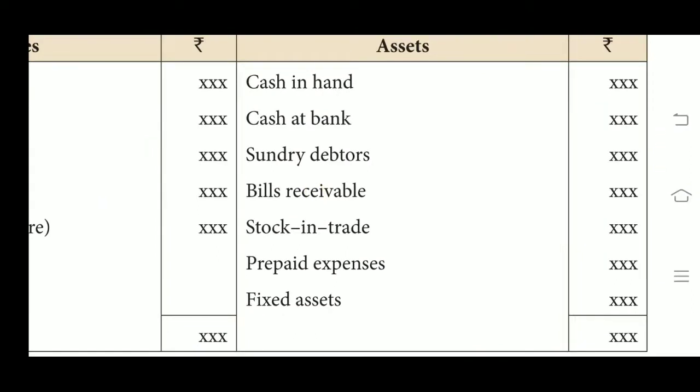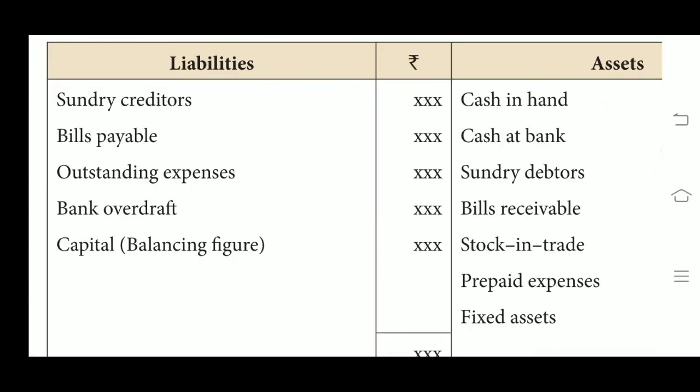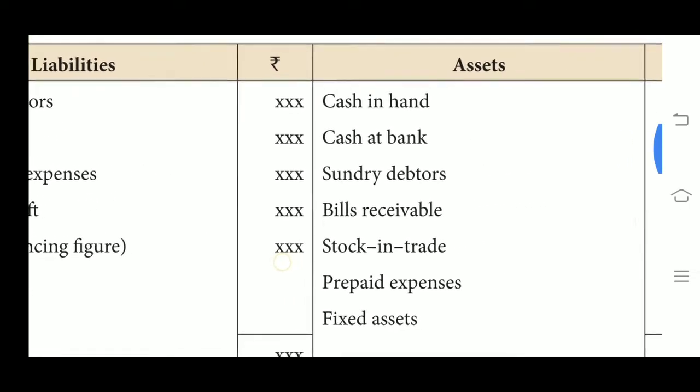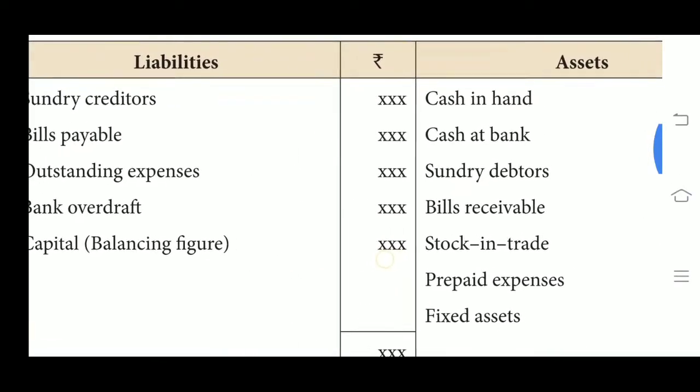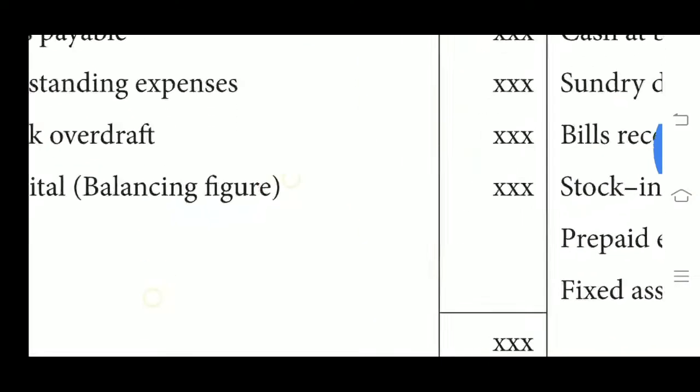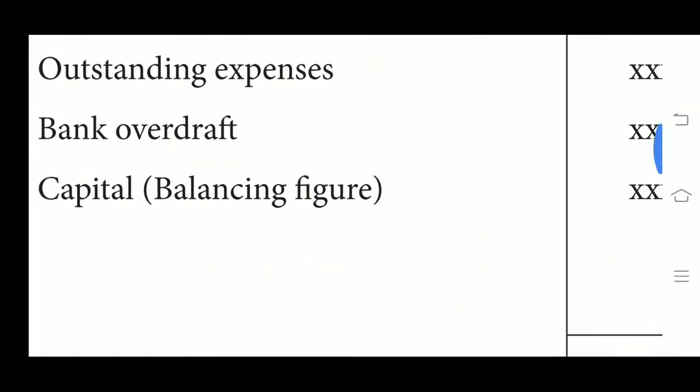And then left hand side: sundry creditors, bills payable, outstanding expenses, bank overdraft. So the difference between assets and liabilities is known as capital. That is a balancing figure.